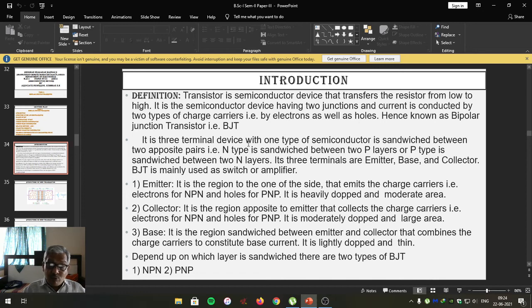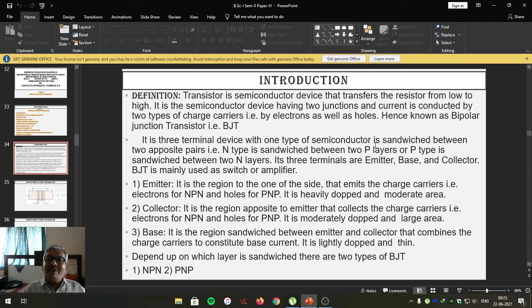Another example I am going to quote: when you sit in the classroom on one bench, if three students are sitting, the central student is sandwiched between the two side students. That is called sandwiching.